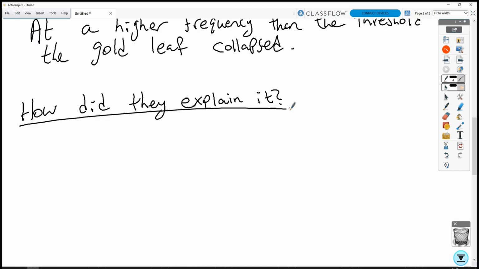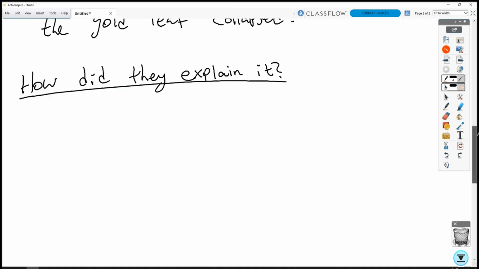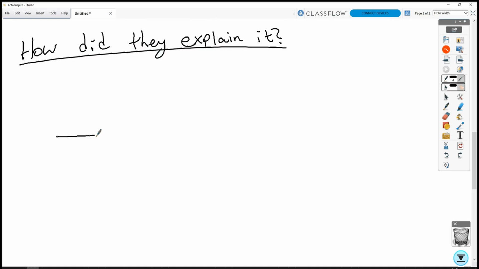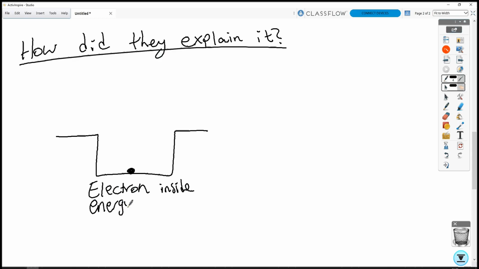So we model the electrons on the surface of this material as living inside an energy well. They're bound by some energy to this material. So here's an electron living in its energy well, and some photon comes along.